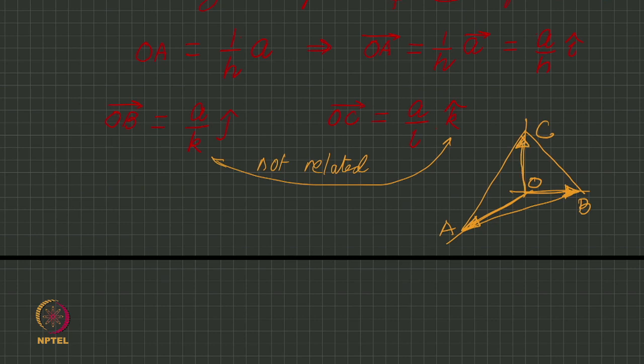That means it is easy for me now to write vector AB. Why am I interested in vector AB? Because vector AB lies in the plane, while OA, OB and OC are not lying in the plane, and I want to explore the plane and find two vectors in the plane. So, AB and AC appear to be good choices.